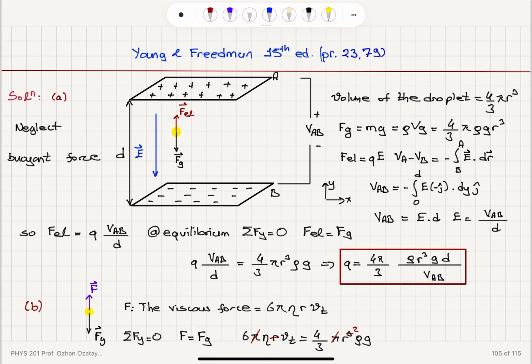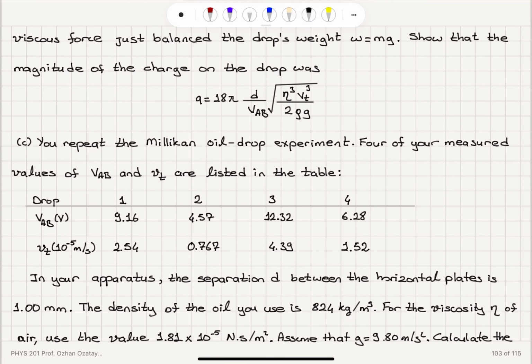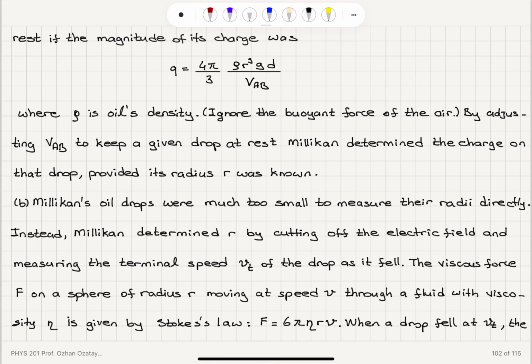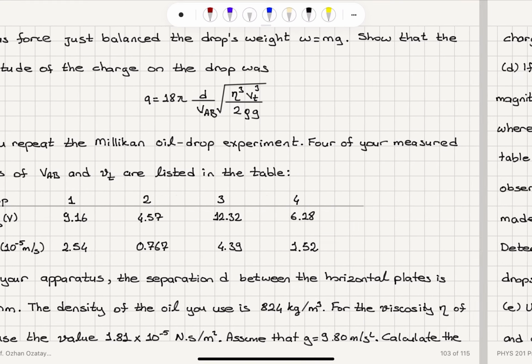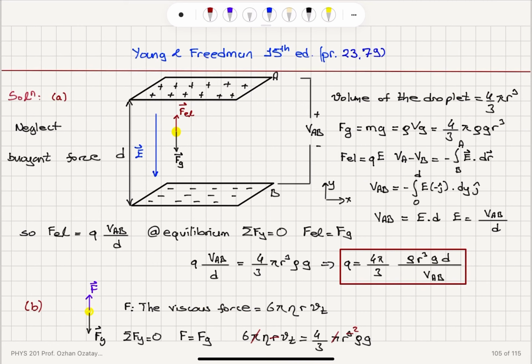In part B, we turn off the electric field, and because of the viscous force here, because the radii are too small to measure, we cut off the electric field and measure the terminal speed of the drop as it fell. The viscous force on a sphere of radius r moving at speed v through a fluid with viscosity eta is given by Stokes' law, and when it reaches the terminal speed, the net acceleration is 0, therefore the net force on the y-axis is 0.